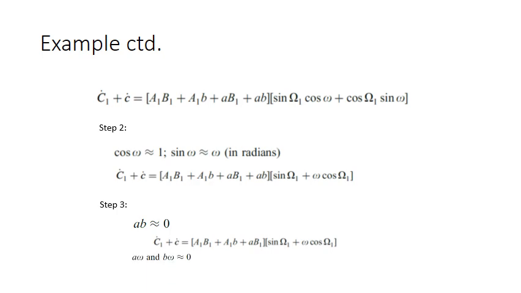Then after multiplying out, we get rid of a times omega and b times omega, because both of them are small quantities with respect to the other expressions. And finally we get the following.